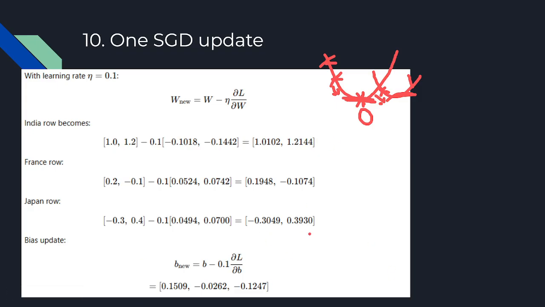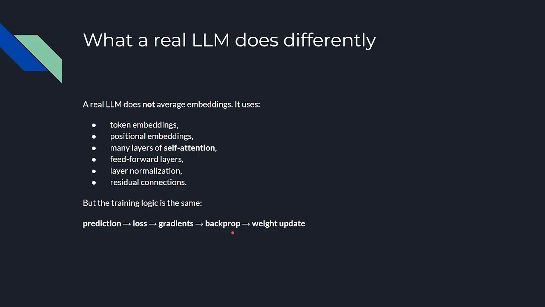Now we have updated the weights, now we have updated the biases, and with these, we will again go back, find the context vector, find the logit function, find the loss function, and then do the back propagation again so that we find the minima and the loss is at a minimum.